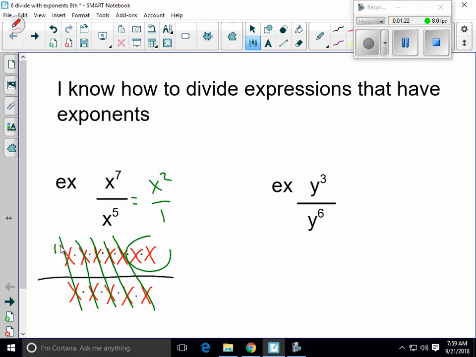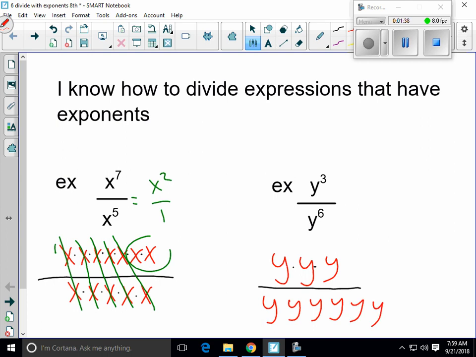Let's compare it with the problem on the right. For my numerator, I have y times y times y. For my denominator, I have y times itself 6 times. We're going to divide out those same terms. y divided by y is 1, 1, 1.